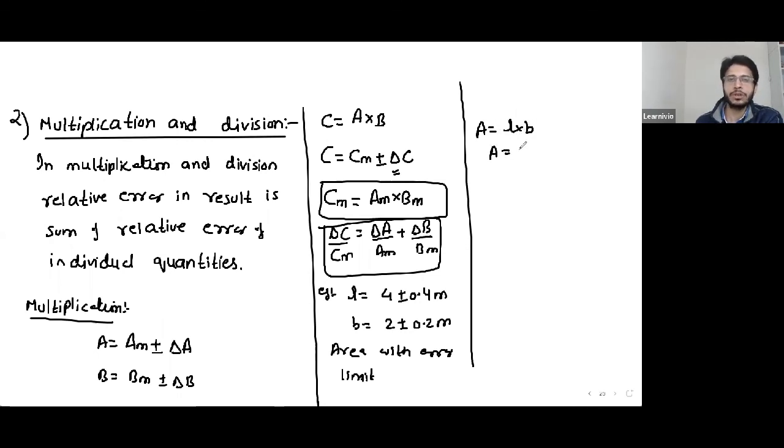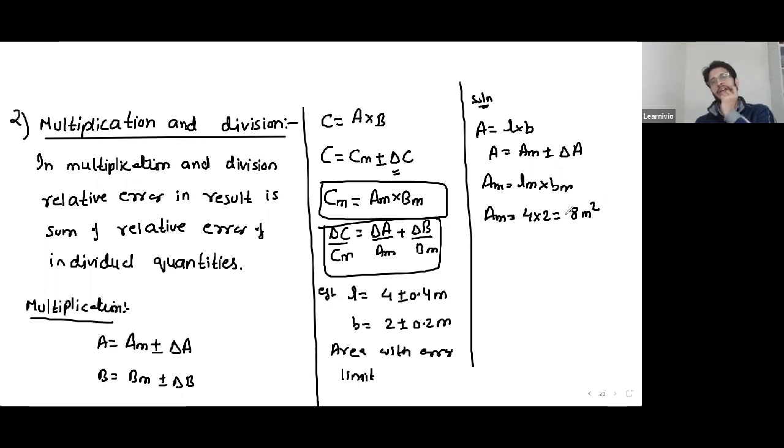Area will have two terms: mean value of area plus minus error in area. The mean value of area is simply the product of mean value of L and mean value of B. So the mean value of L is 4, mean value of B is 2. So that's 4 into 2 equal to 8 meter square.